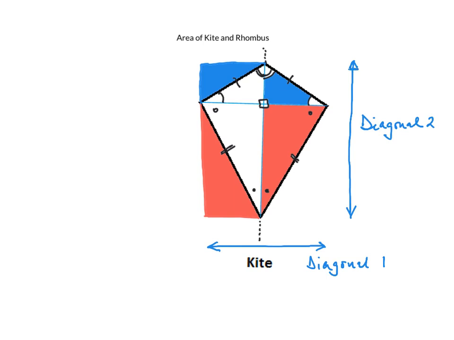Now, we started off with a kite and we ended up with a rectangle. The area of the rectangle is this distance here, so let's call that the length or the breadth, and that's a half of diagonal 1.